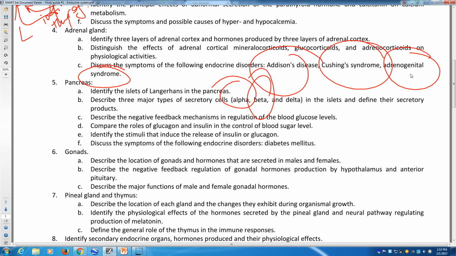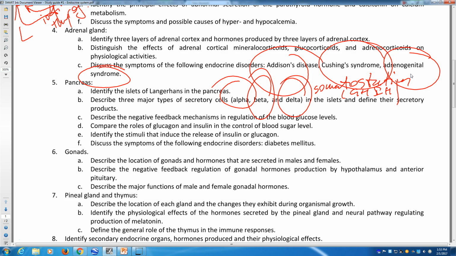Glucagon. Beta, insulin. Delta, somatostatin, or GHIH. Negative feedback. Come on, what can be simpler?